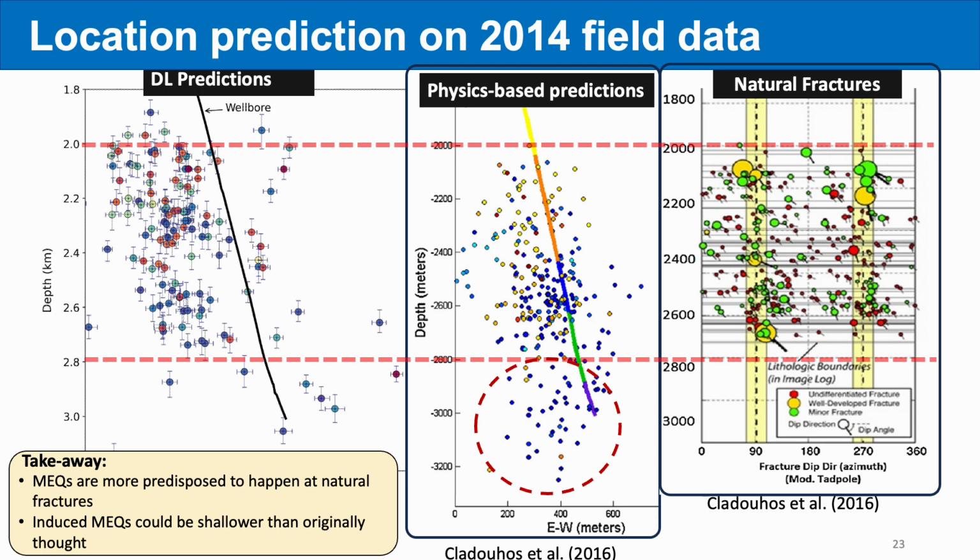If we compare our results with a natural fracture study, we can see natural fractures mostly stay within the stimulation zone. There are very few below the stimulation zone. So we think our results better match the natural fracture distribution.